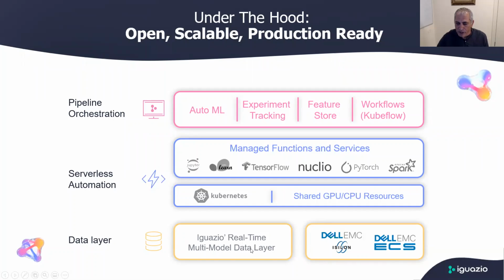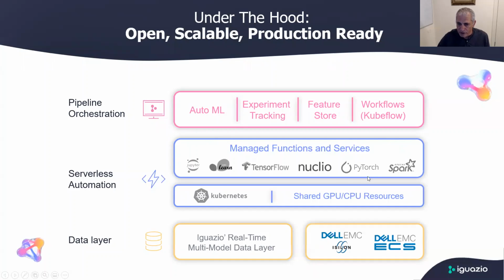Iguazio provides a very high-speed real-time database that is very unique. It's designed specifically for high-speed analytics and machine learning, and it's tying all those microservices together. Then you have a layer of Kubernetes running on top that orchestrates the different workloads.